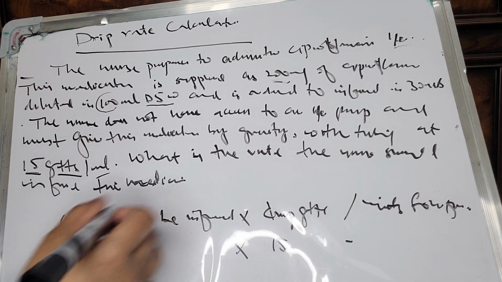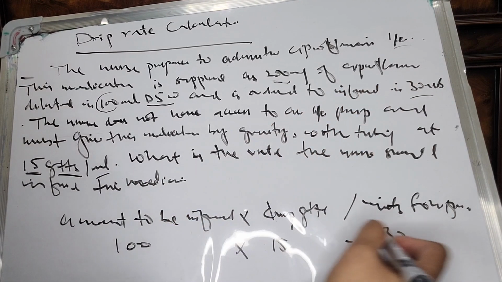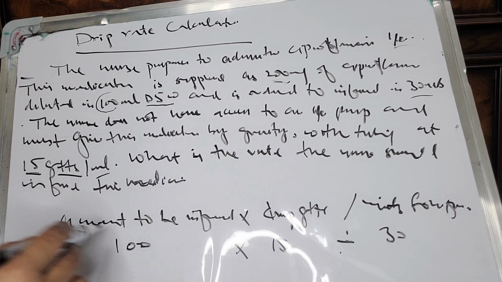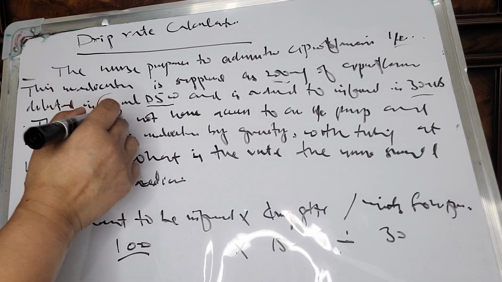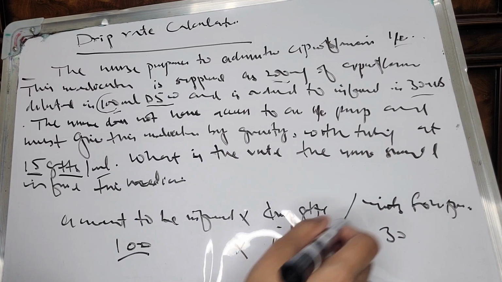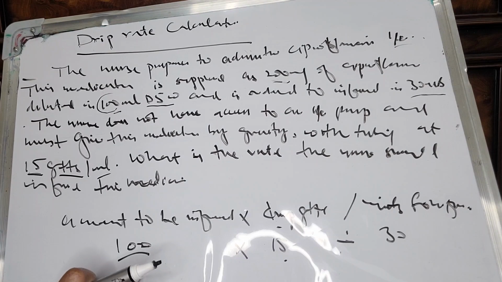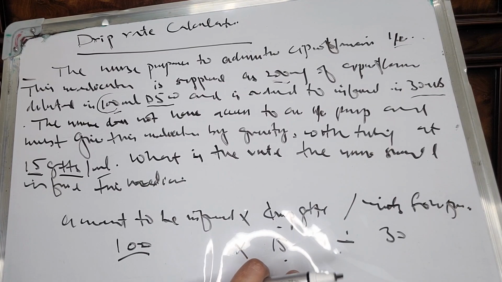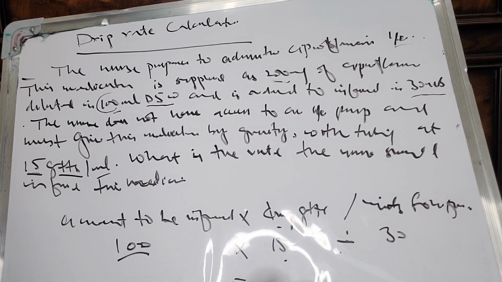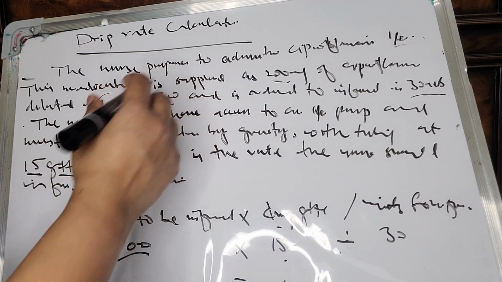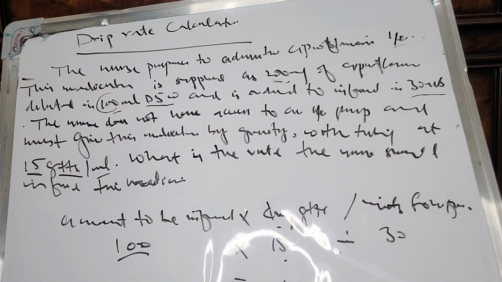The doctor said in 30 minutes. So the amount to be infused is 100 ml, the drop factor is 15, and divided by 30 minutes. If we multiply 100 by 15 and divide by 30, our answer is 50 GTTS per minute. So the nurse should infuse this ciprofloxacin at 50 GTTS per minute. This is our right answer.